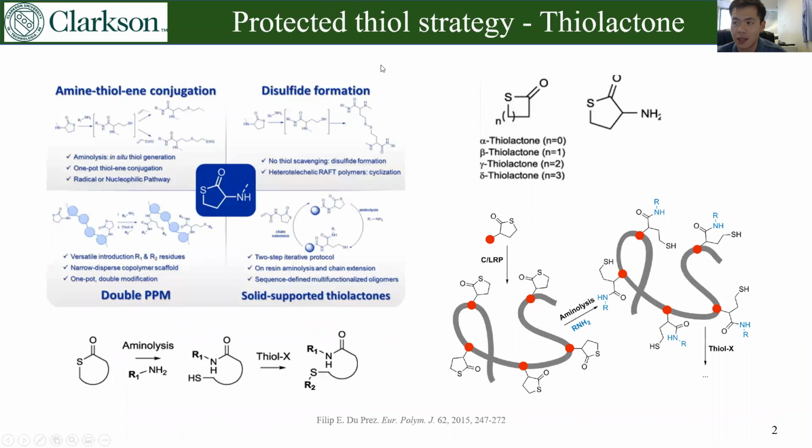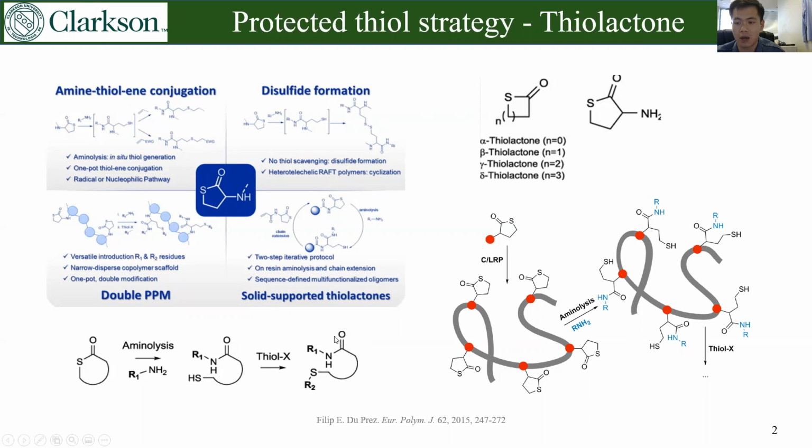We can use the protected thiol strategy. Thiolactone is basically a ring compound containing one thiol and a carbonyl group. One of the most important chemical properties of thiolactone is that it can undergo aminolysis with a primary amine to reopen this lactone ring, generating an amide and a thiol. So the idea of my work is to synthesize a thiolactone-containing monomer and polymerize it, so that the polymer backbone will have thiolactone functional groups.